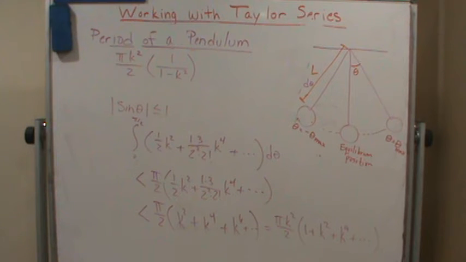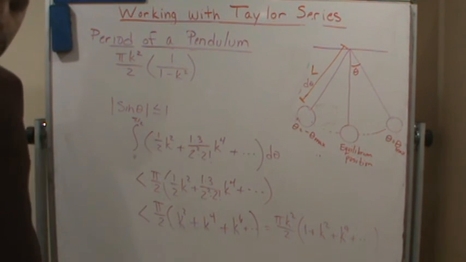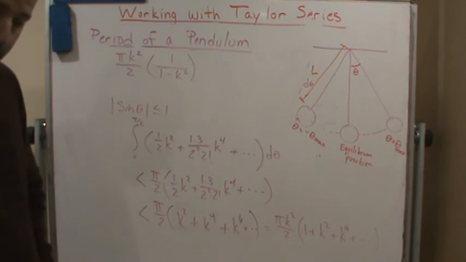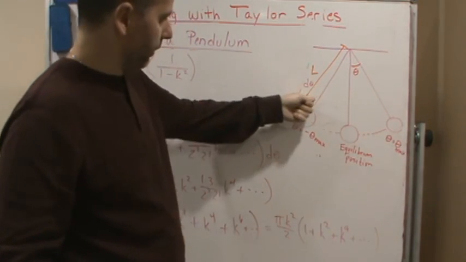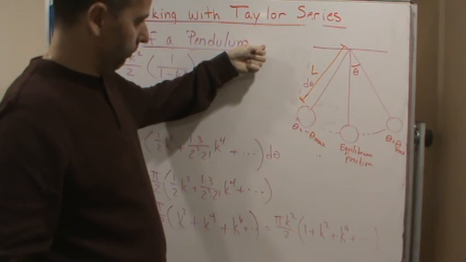Now, for larger values of theta max, we can approximate t by using more terms of the integral. So if k is small, then using the first term of the integral is sufficient. But what if we have a larger angle?